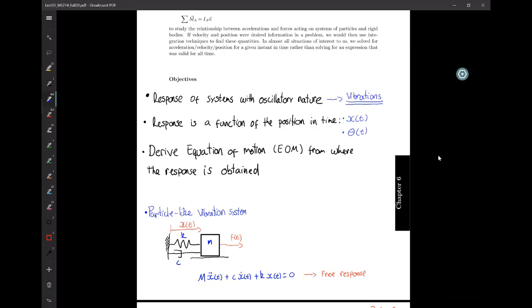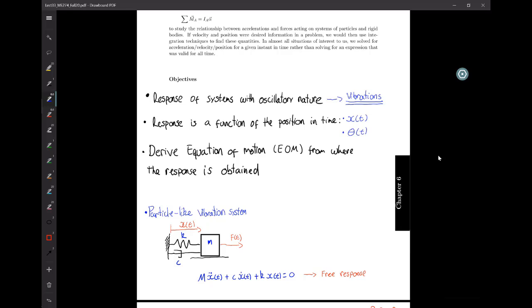One, where there is no external force applied to our system. And we're going to call that the free response. Does anybody remember how this type of equation, when you had a zero on the right-hand side, was called in differential equations? The homogeneous equation, exactly.